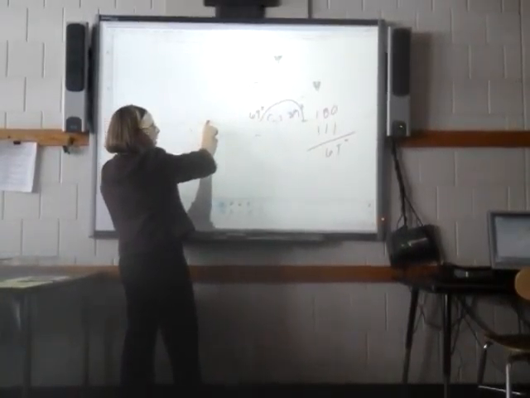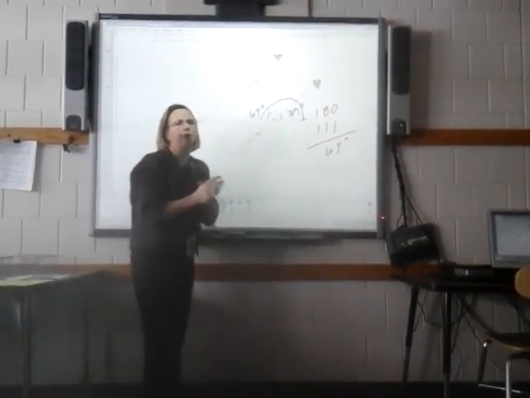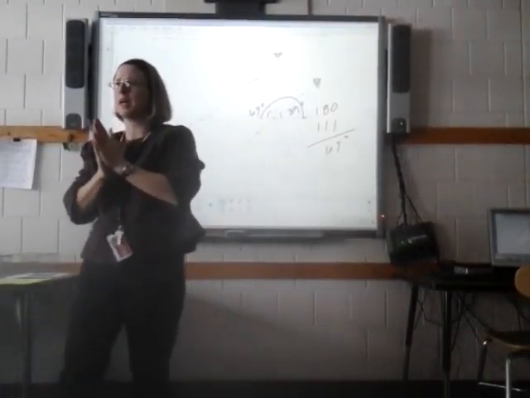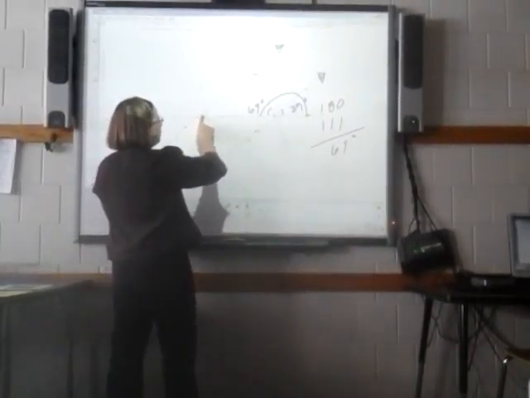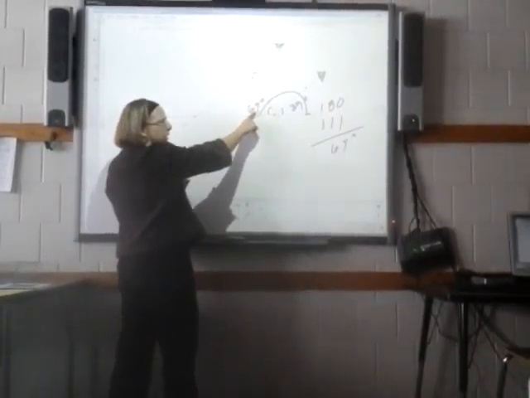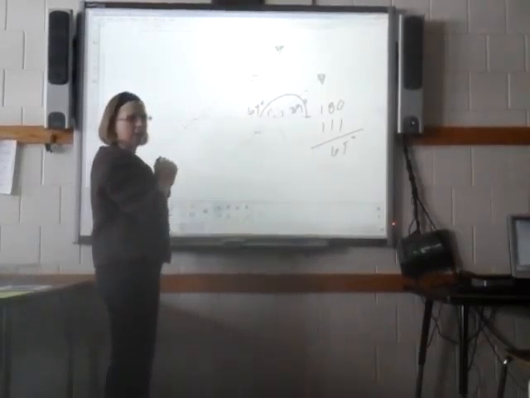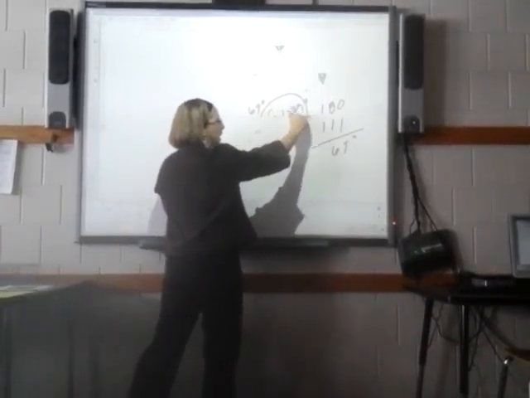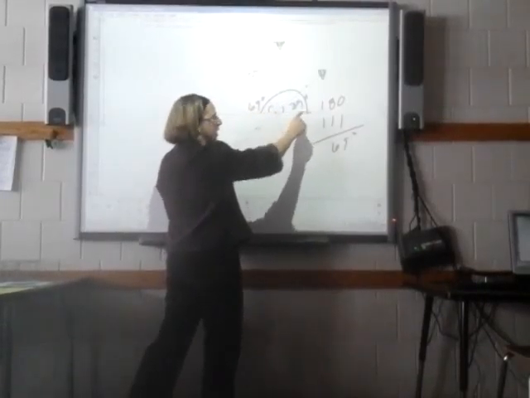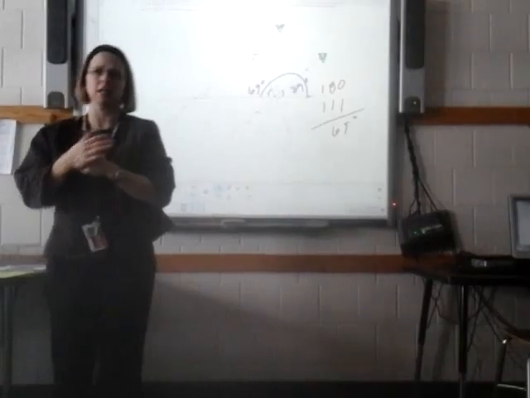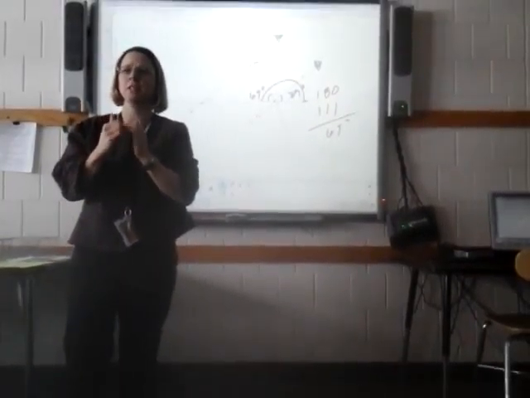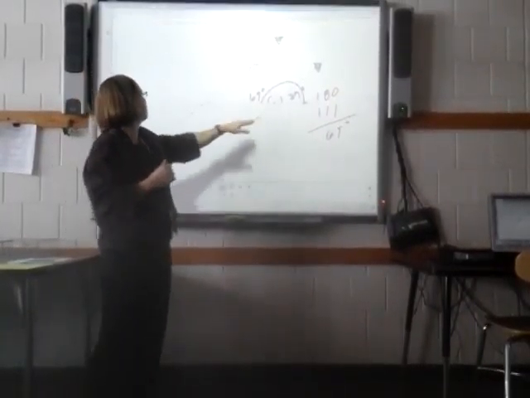Since this is 39, this one has to be 39 degrees because they're corresponding angles. Here I have a triangle with 39, 72, means that one has to be 69. Here I have a straight line that equals 180, that's 39, that's 72, has to be 69. There are 2 ways to prove the angle for number 9.